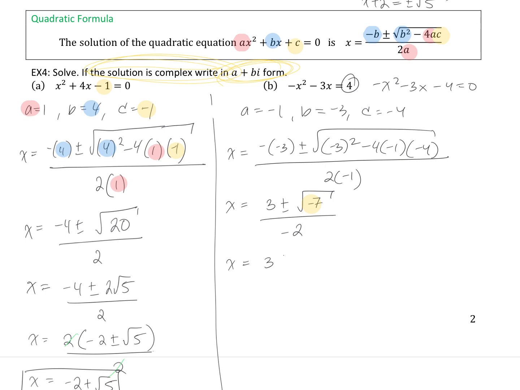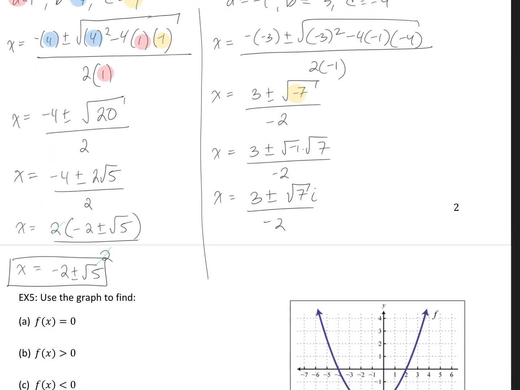So that's going to be 3 plus or minus, that's the square root of negative 1 times the square root of 7 over negative 2. That's going to be 3 plus or minus square root of 7i over negative 2. Now careful, this is not considered the correct form yet because they're not fully split. We need to split that negative 2 between them. So that's going to be x equals negative 3 over 2 plus or minus negative root 7 over 2i.